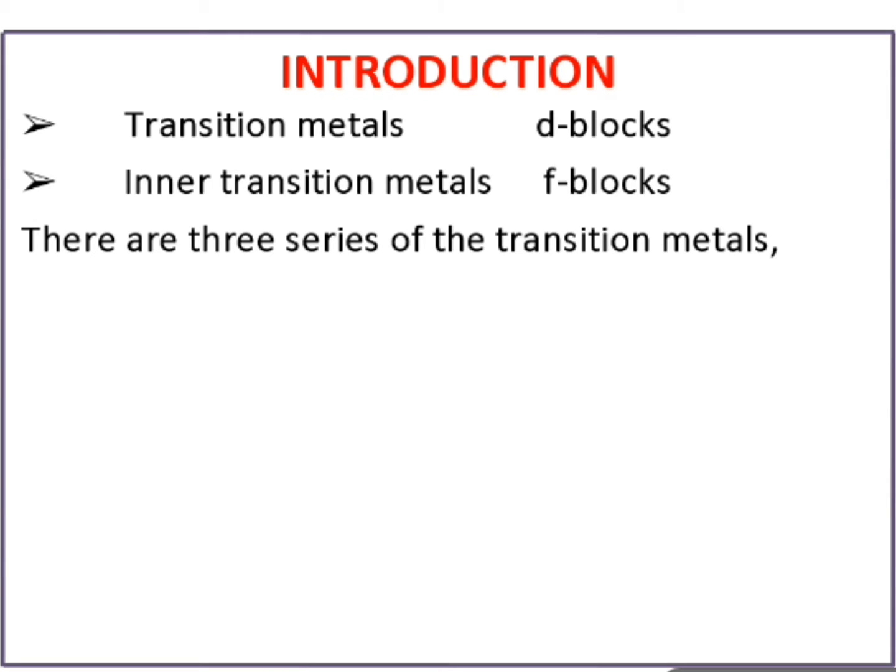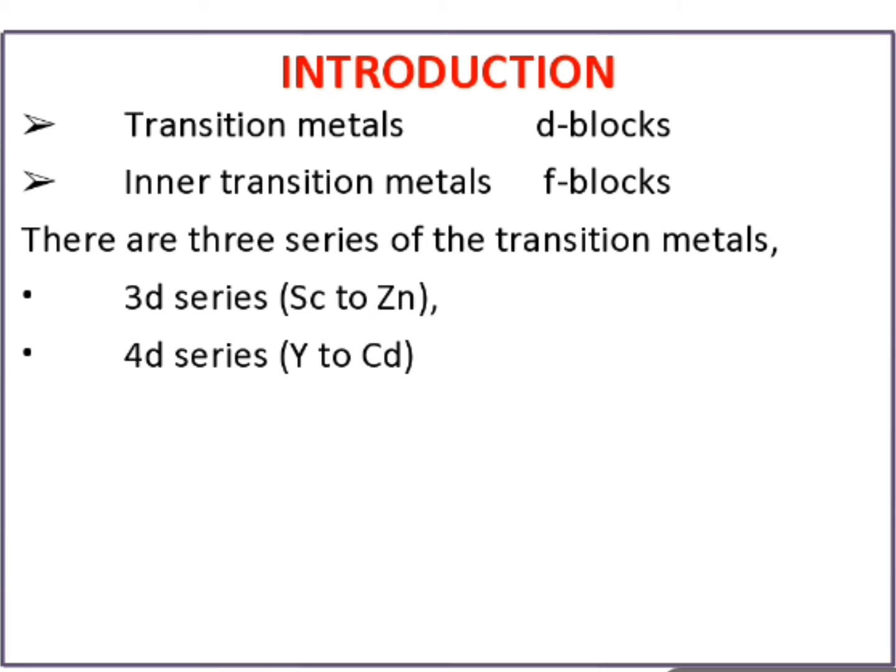These series are known as the 3D series from scandium to zinc, because in this series the electron enters the 3D orbital, the 4D series from yttrium to cadmium, and the 5D series from lanthanum to mercury.